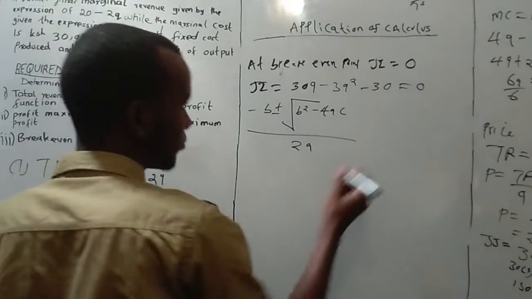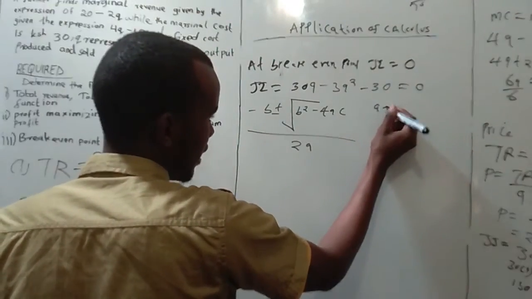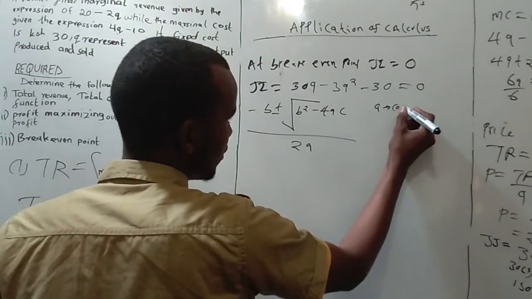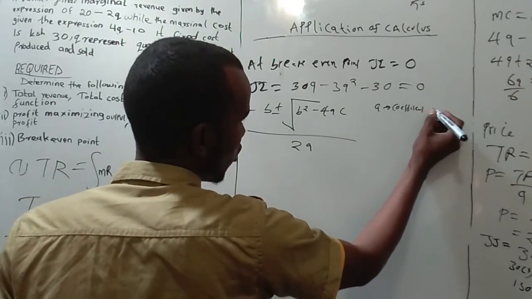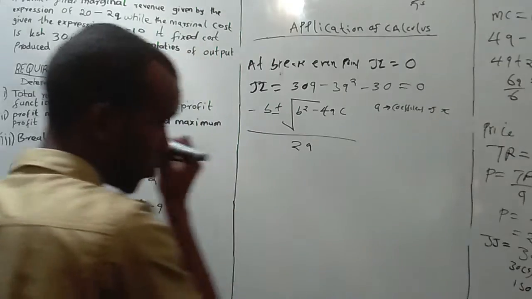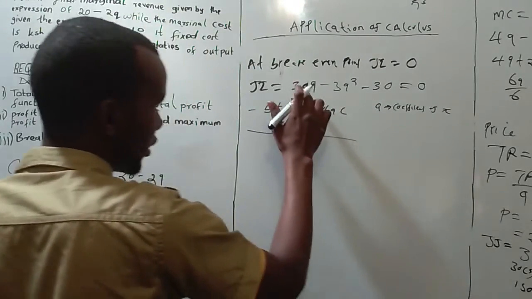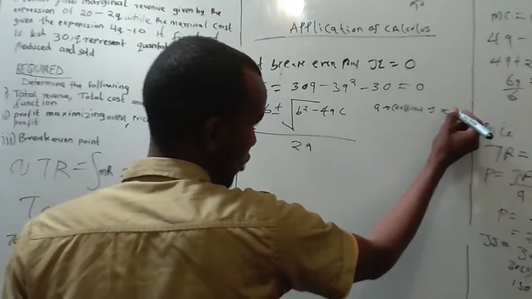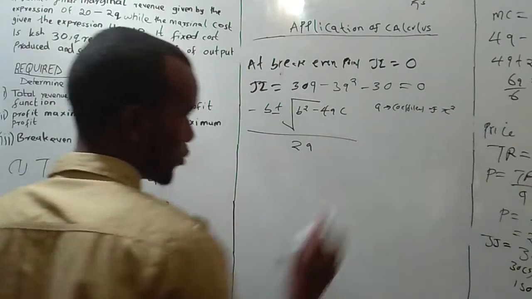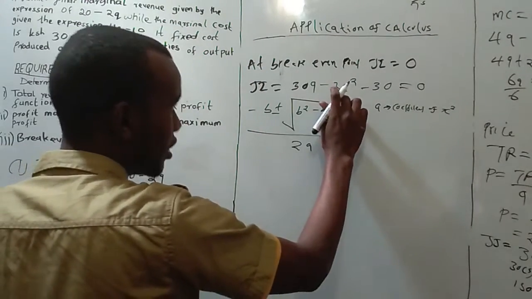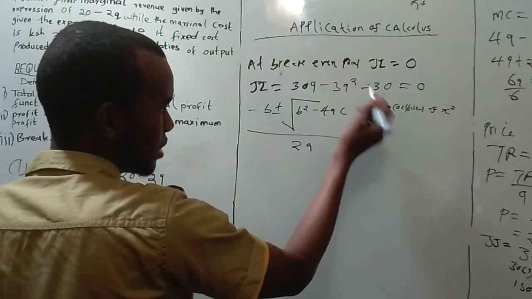And remember, a is the coefficient of x squared. Our x represents the q.